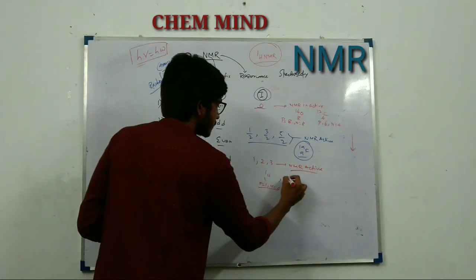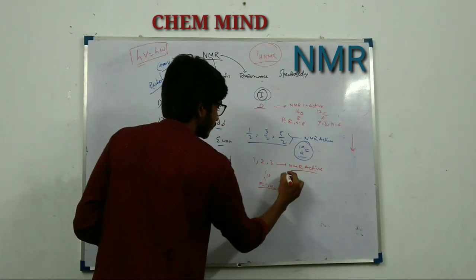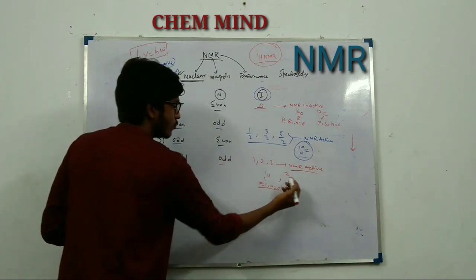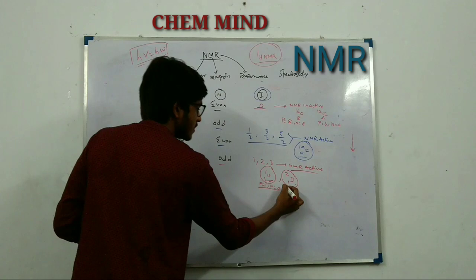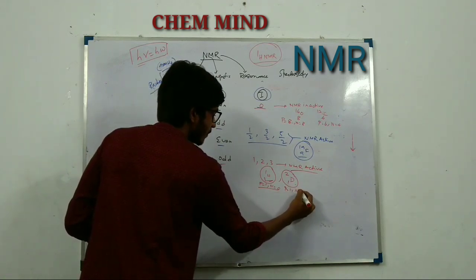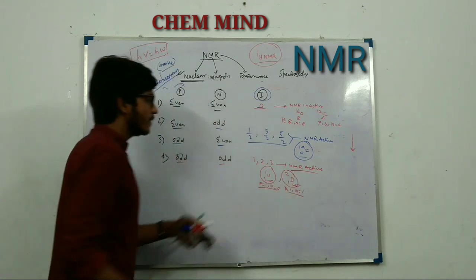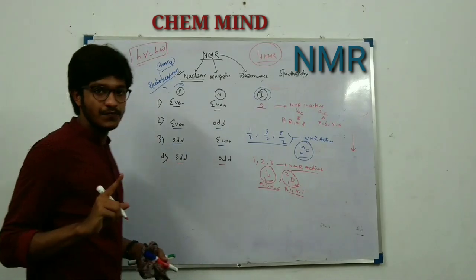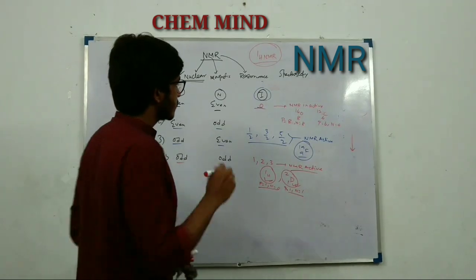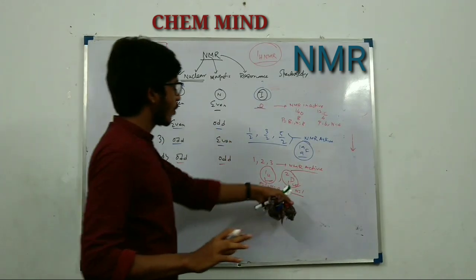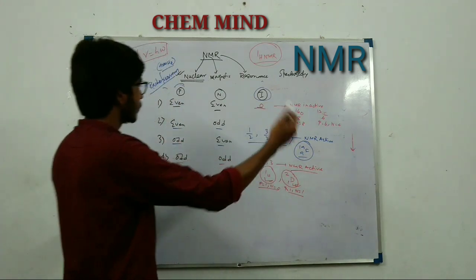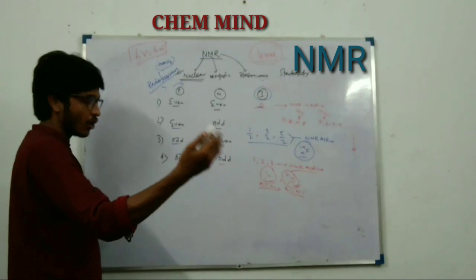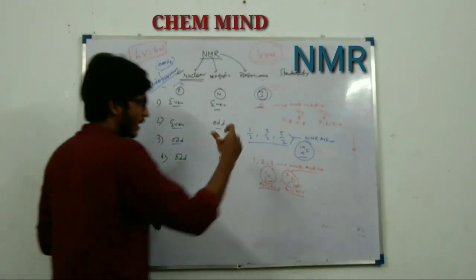Now there is an isotope of hydrogen, deuterium, 2H1, with proton number 1 and neutron number 1, and this deuterium is not NMR active. This is the actual point in deciding which nucleus is NMR active and which is NMR inactive.